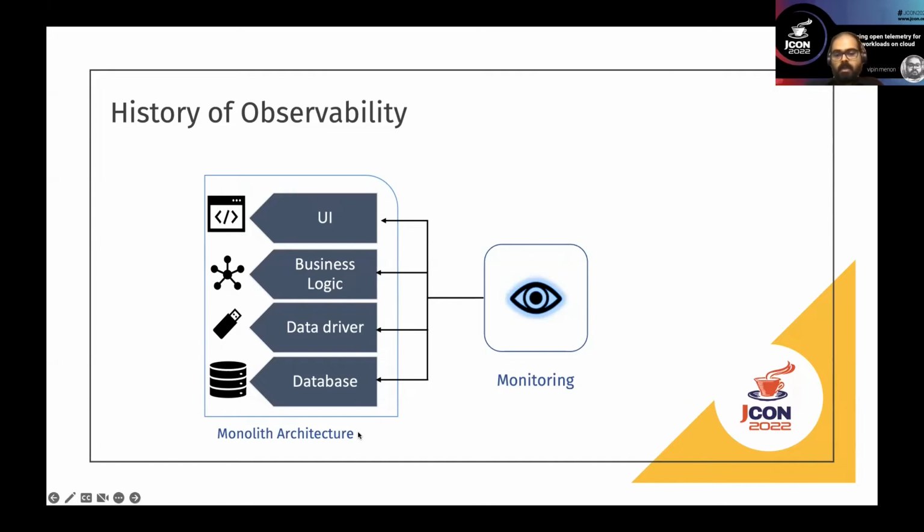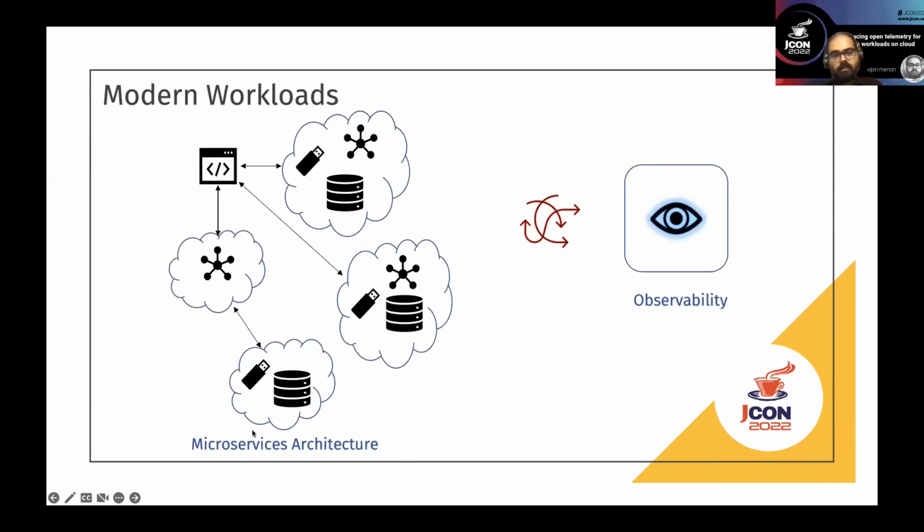But now things have changed as we move to the modern architecture, where everything has been converted into microservices. These applications are no longer monolith and they don't run on a single server. They are highly decoupled into individual services deployed onto single or multiple different geographies or different servers.